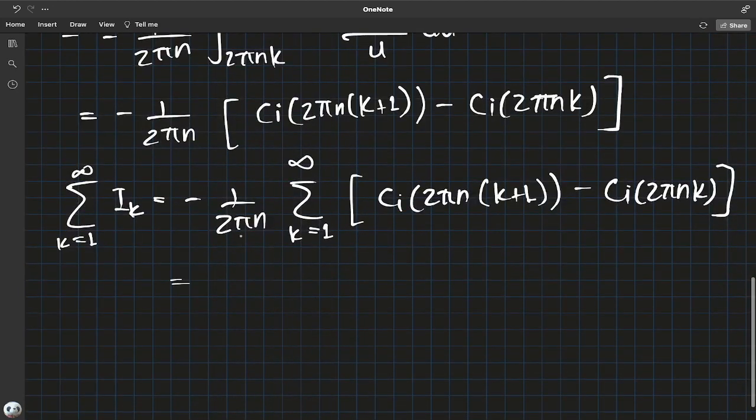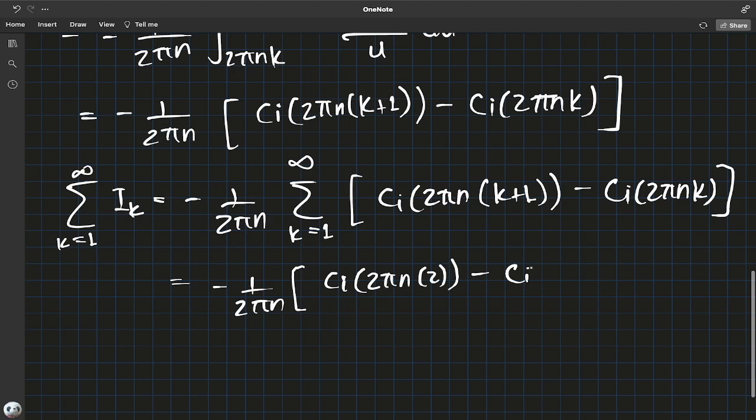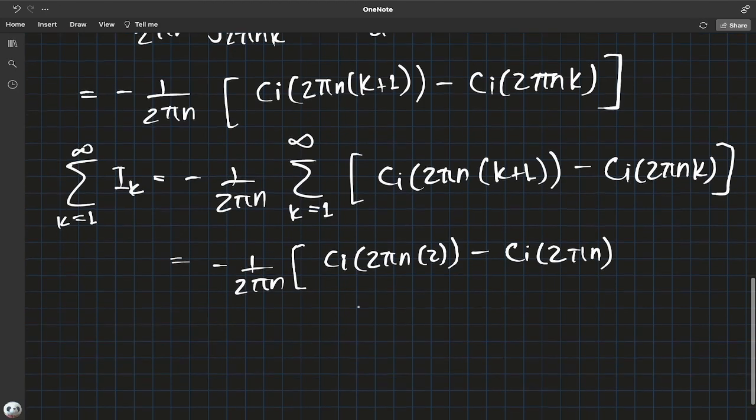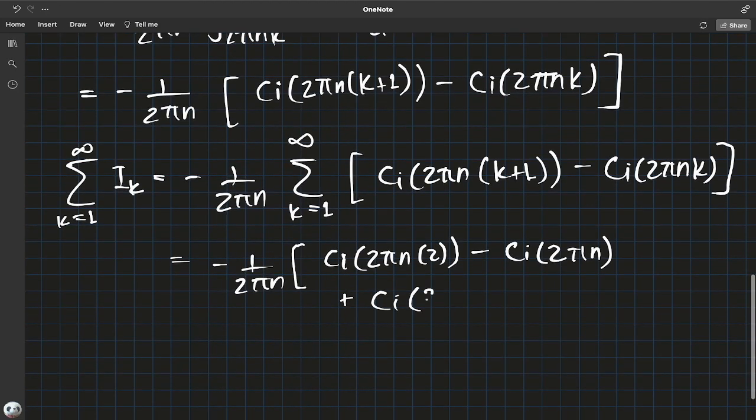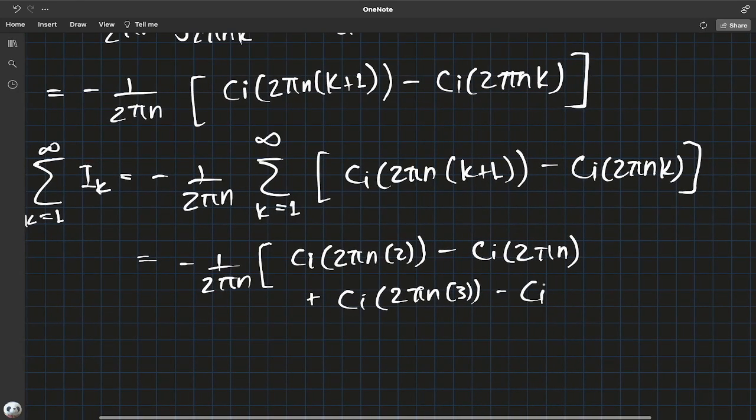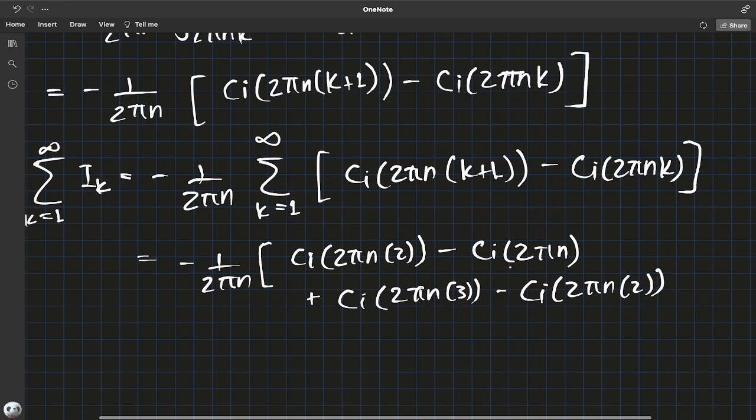If we write some terms down to see the telescoping nature of this infinite sum, we're going to have cosine integral 2 pi n times 2 minus cosine integral 2 pi n times 1, plus cosine integral 2 pi n times 3 minus cosine integral 2 pi n times 2.